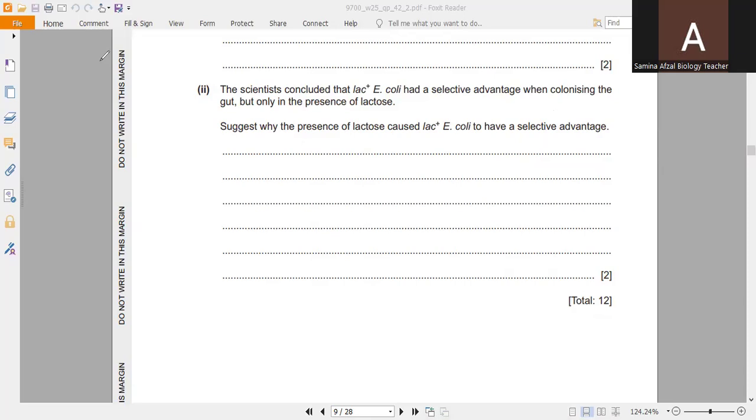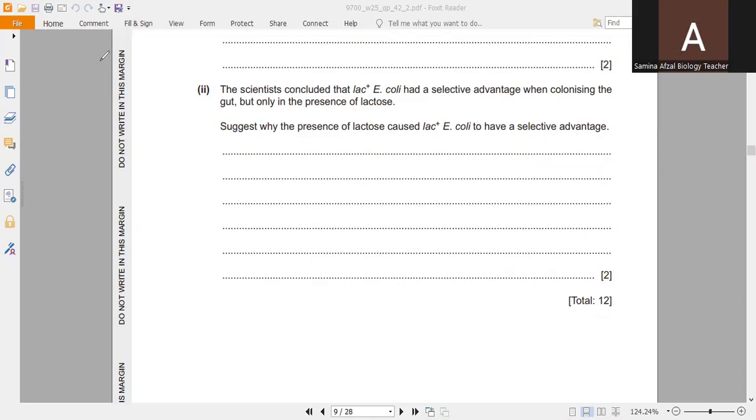So I would like to say that the lac plus bacteria possess the lac operon, which allows them to produce the enzymes, as I told you in the last question, beta galactosidase, which is necessary to digest lactose.